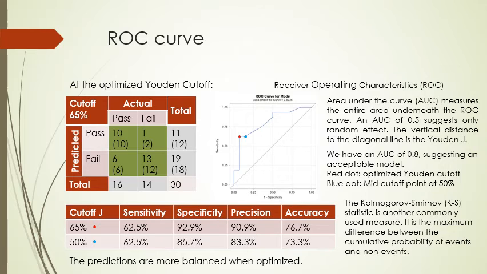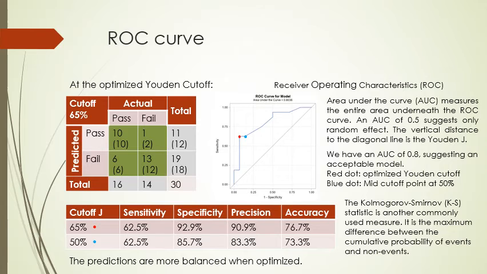The x-axis of the ROC curve is 1 minus specificity, which is the false positive rate, and the y-axis is sensitivity, which is the true positive rate. The graph at the right shows the ROC curve in the last example.